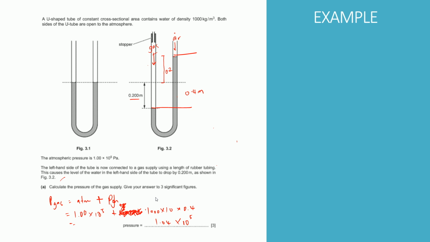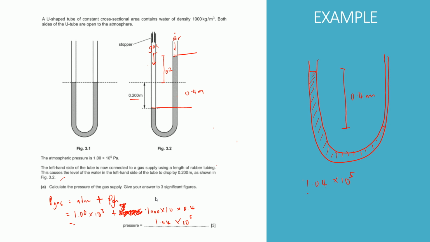Because I want you to consider another example where you might have had the opposite situation, where you have something like this. And let's just say the height difference here was 0.4 meters as well. If you just plug that into the formula without changing the sign to a minus 0.4 meters, then you'll get the same result, 1.04 times 10 to the power 5, as the pressure of gas.